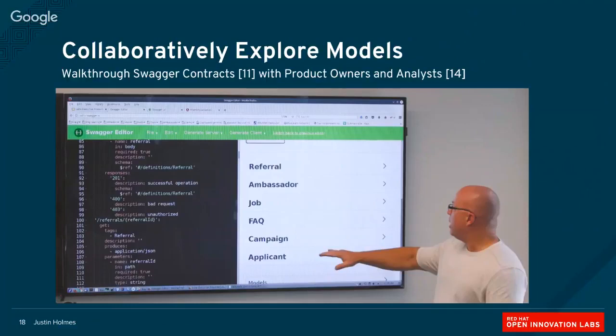These are really powerful tools, not just for developers, but also for working with product owners and analysts. The picture here is from a project where we did sprint demos that went through our Swagger contract. Our product owners and our analysts read through these with us to make sure that the language showing up in our REST API matched the language that the team was using when we were at the whiteboard talking about the domain.